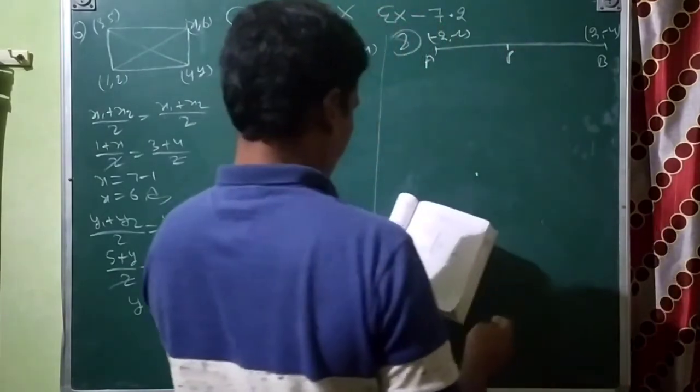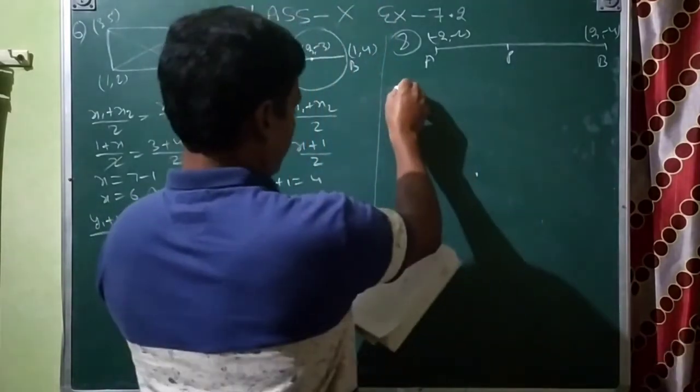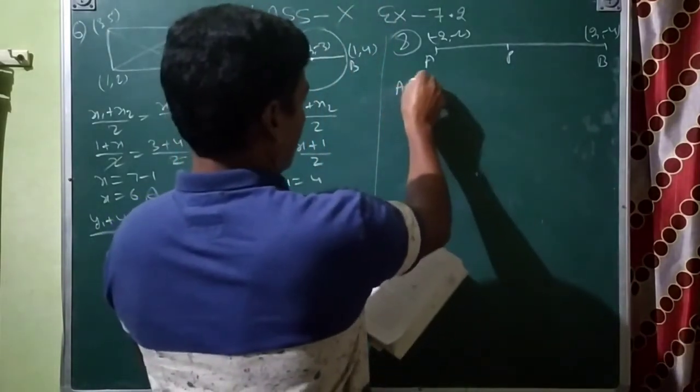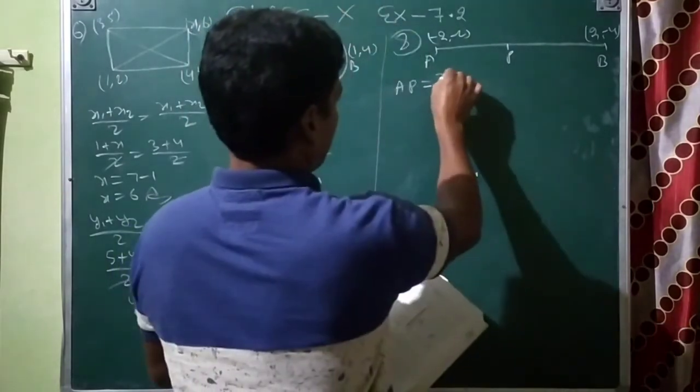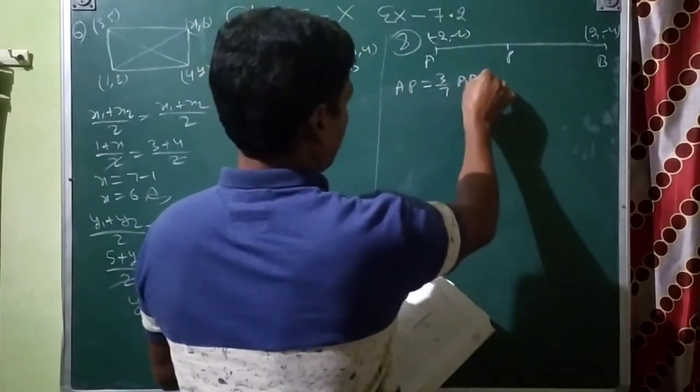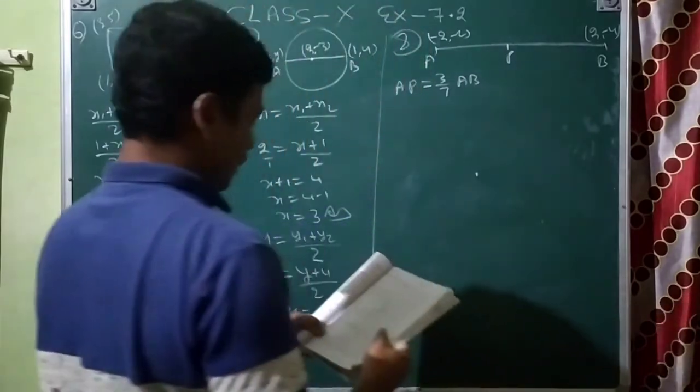Suppose this is P. So it is given AP is equal to 3 upon 7 AB.